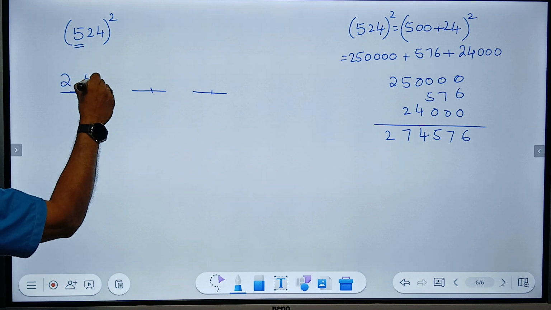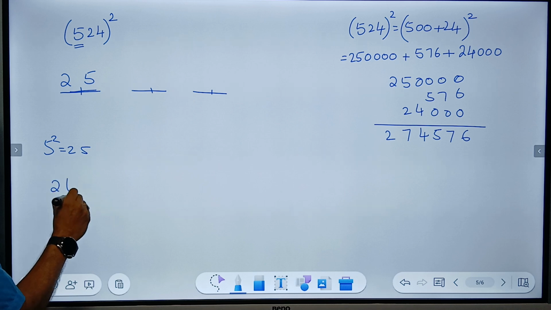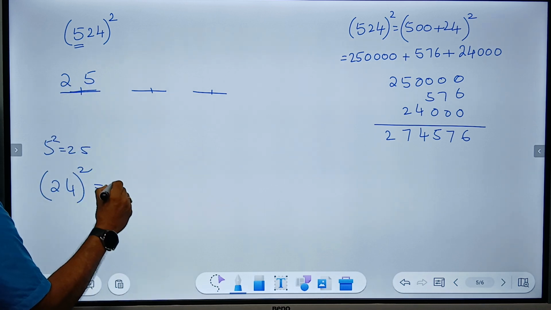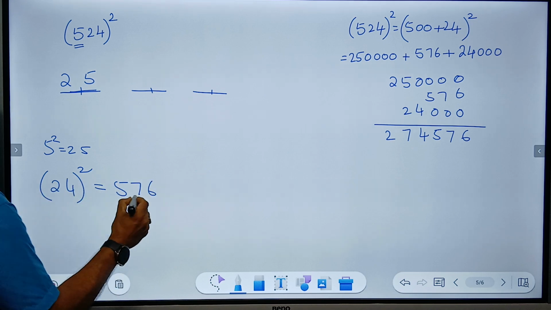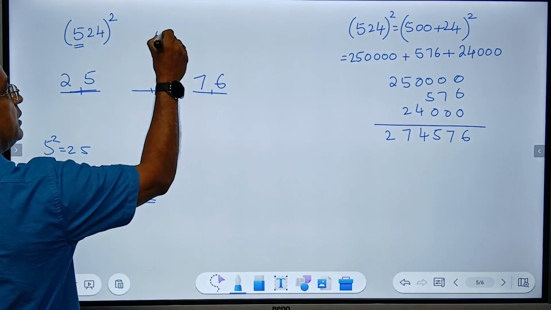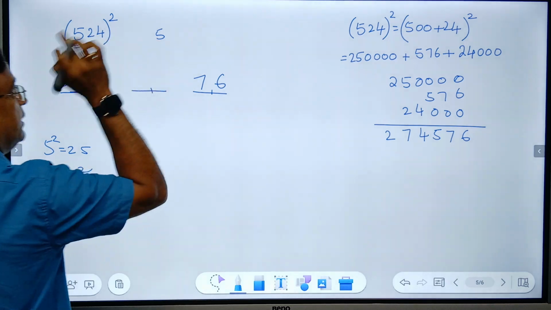Square of 5 is 25. Now take 24 and just square it. 24 square is 576. Everyone knows that. Write the 2 digits, 7, 6. 5 should be carried because it's a 3-digit number. Here you can put only 2 digits. So put the 5 there.